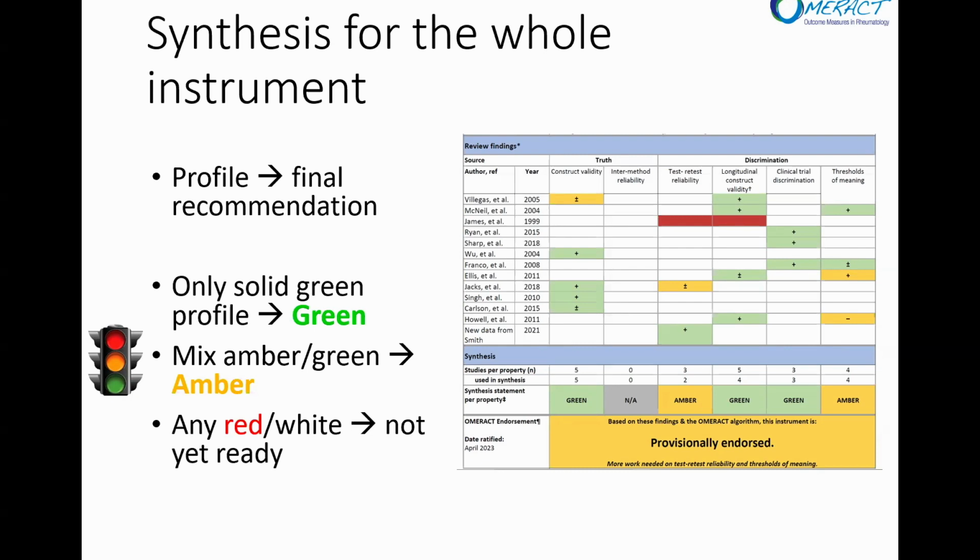The other thing we do when we get to this endorsement is that we take it back to the OMRAC community for a ratification vote that they agree with this level of endorsement based on the evidence that's been provided and the process that was followed. And we document that date of ratification over in the bottom left-hand corner of the SOMP.